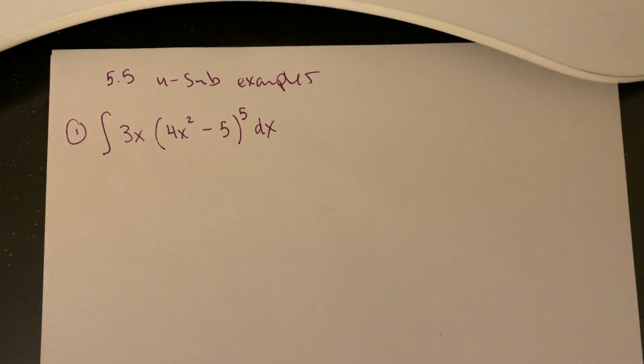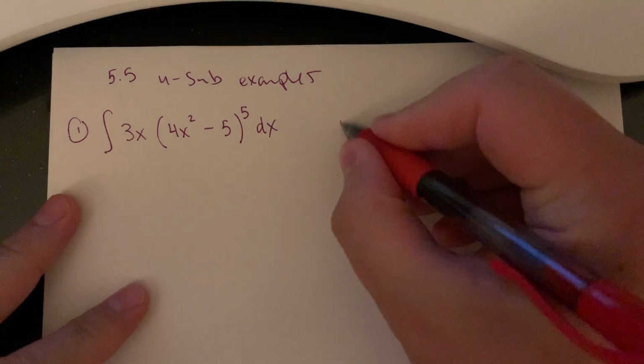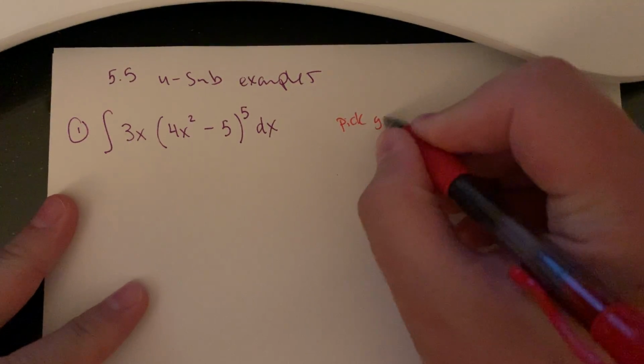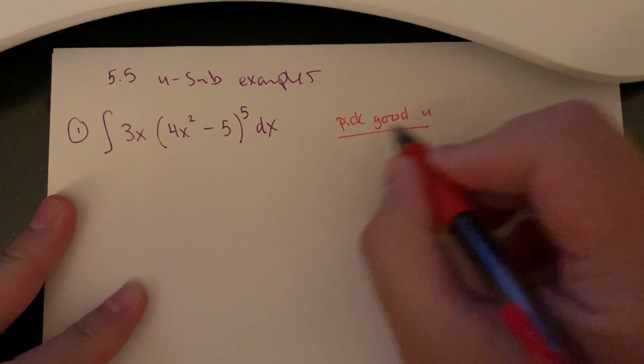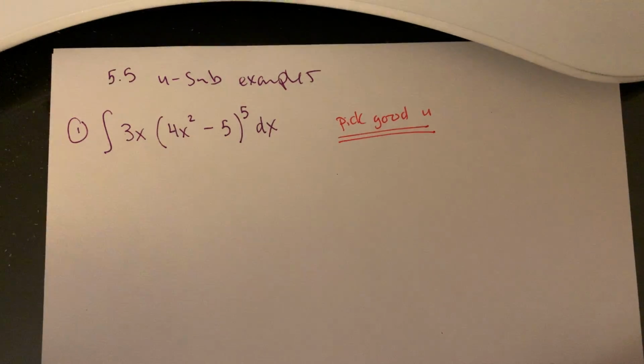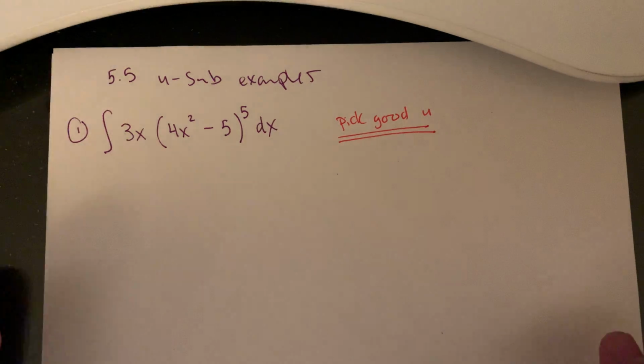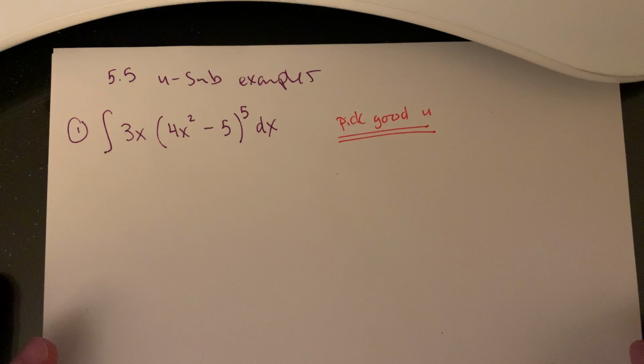So what we want to do is pick a good U. The way this works is, for the most part, you really have one candidate for U that's going to make everything fit together. If you end up picking the wrong U, which can happen, the worst case scenario is it just doesn't work.